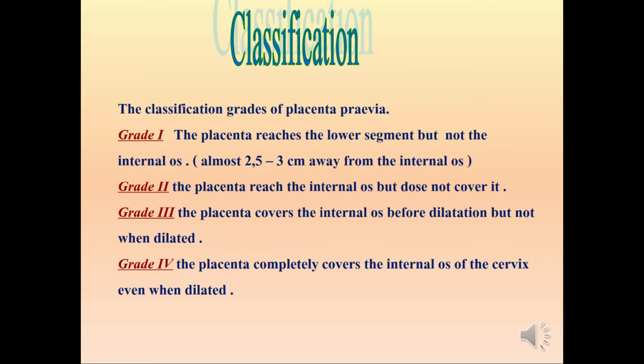Grade 3, the placenta covers the internal os before dilatation but not when dilated. Grade 4, the placenta completely covers the internal os of the cervix even when dilated. This is the type 1 classification.